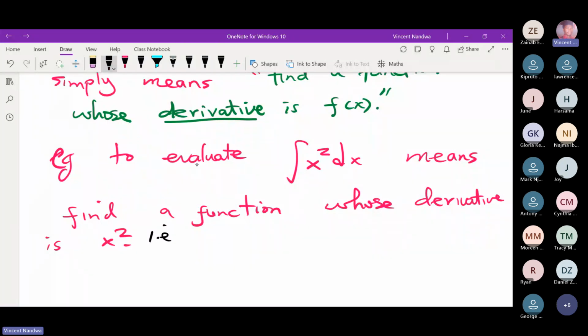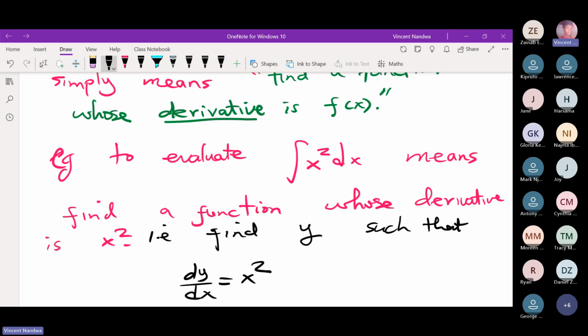This is the same thing as saying find y such that dy dx is given by x squared.